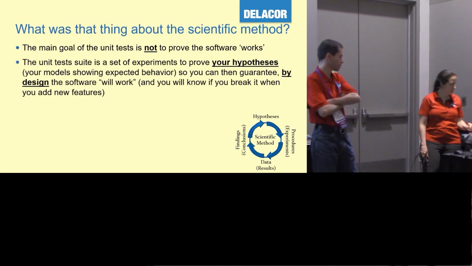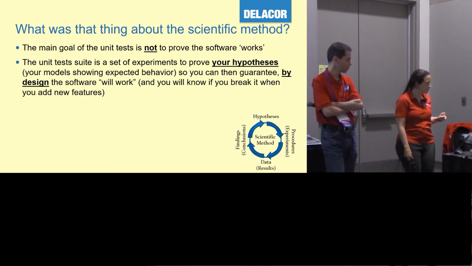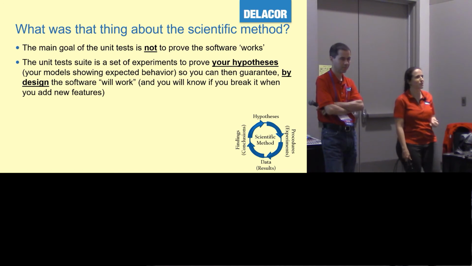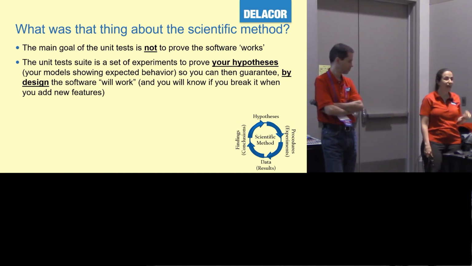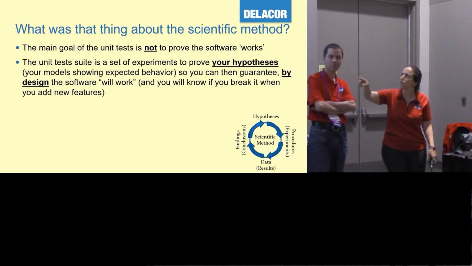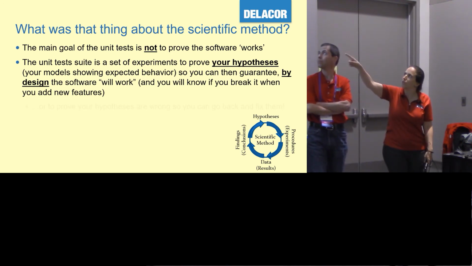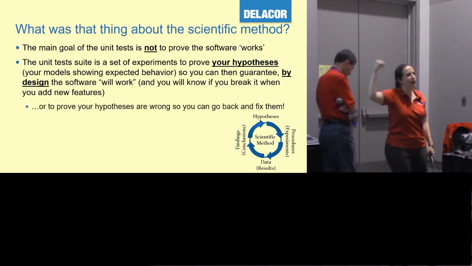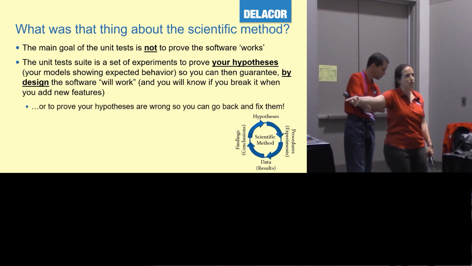What we're doing is the unit test is a suite of experiments that prove that our hypothesis, our models, what we said was the expected behavior, is working. And my favorite thing, in hardware you don't have this as much because you're not changing features all the time, but you will know if you break it when you add new features. This is why we're doing unit tests, okay?